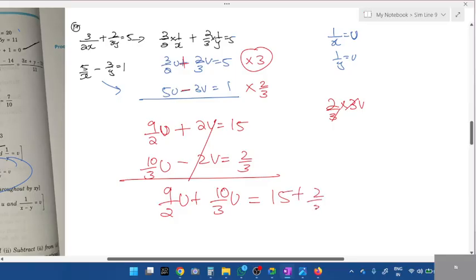Here you get 15 plus 2 by 3, which is 47.